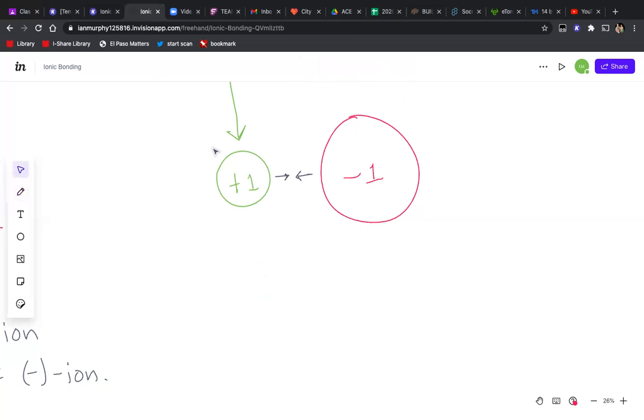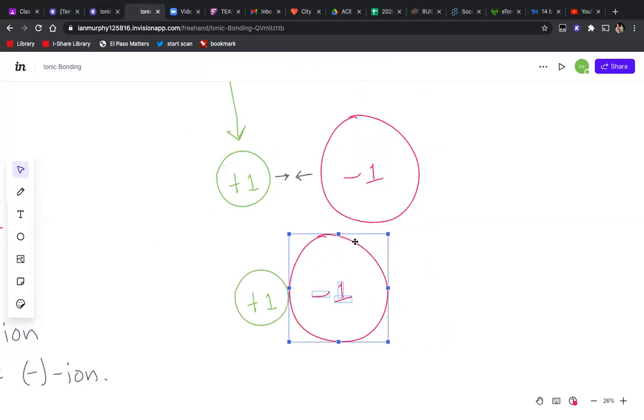I'm just going to go ahead and copy this, coming together with a -1 ion, and they form a bond. And there's our ionic compound in a model format. These two have come together and they've formed an ionic bond.